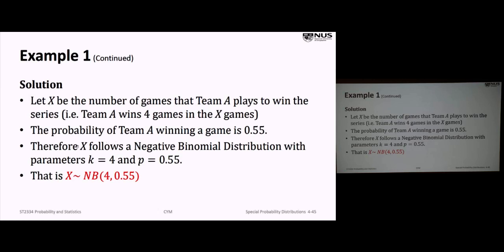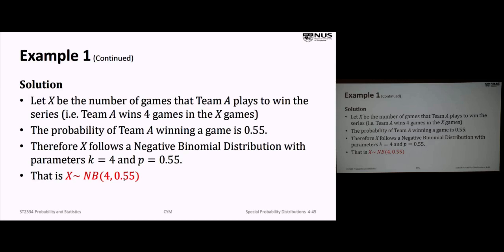And we assume now that X follows a negative binomial distribution. The number of successes they need is 4. Once they've won 4 games, they've won the championship, and the chance that they win each game is 0.55. So the random variable X, the number of games that team A has to play in order to win the championship series, has k equal to 4, and the success probability is 0.55.